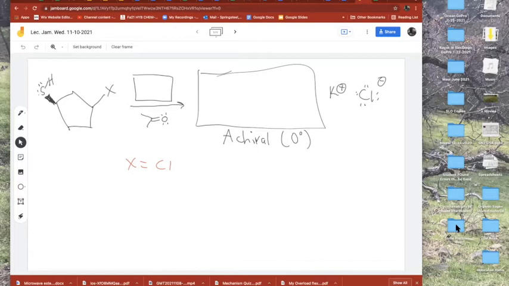So an achiral member of a set of stereoisomers. Hint, soup. Yes, meso compounds are achiral, aren't they?